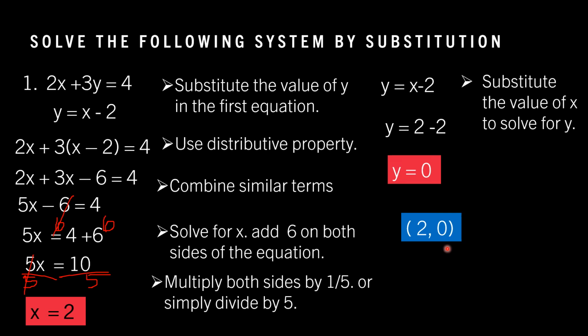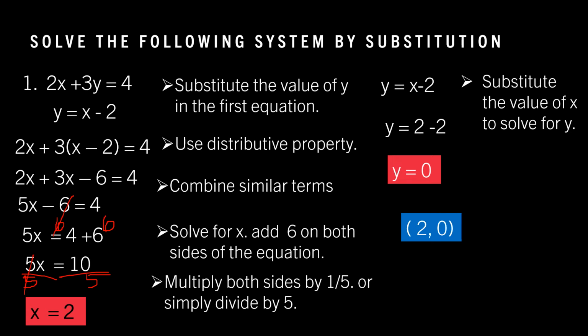Ano bang ibig sabihin ng solution na to? Ano ba ibig sabihin ng coordinates na 2, 0 na yan? In solving system of linear equation, finding the solution, ang ibig sabihin nito ay yung point kung saan nag-i-intersect yung dalawang line. Di ba meron tayong given na dalawang lines? Ibig sabihin, itong 2, 0, pag i-graph natin itong dalawa, magmi-meet sila sa point 2, 0.